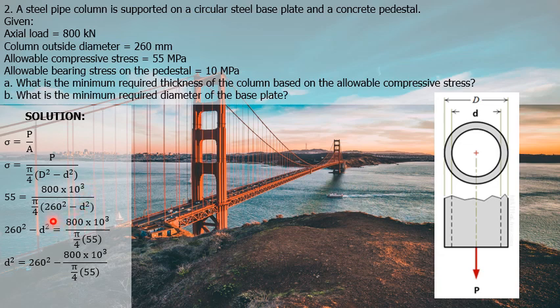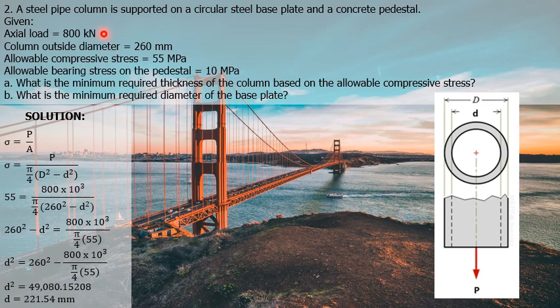Substituting our given values, our compressive stress is 55 megapascals, our P is 800 kilonewtons, our big D is 260 millimeters, and our small d is unknown. So we'll leave small d as it is. So we have 55 equal to 800 times 10 raised to 3.